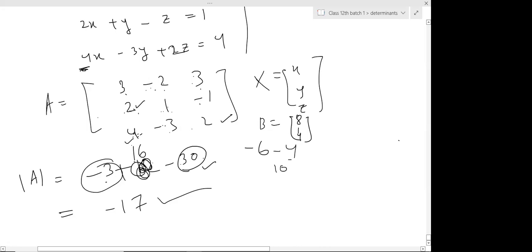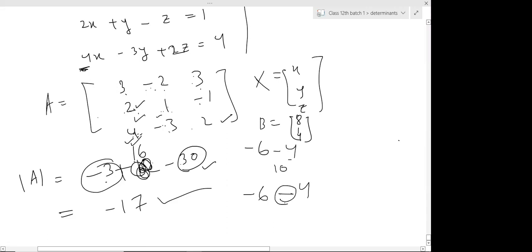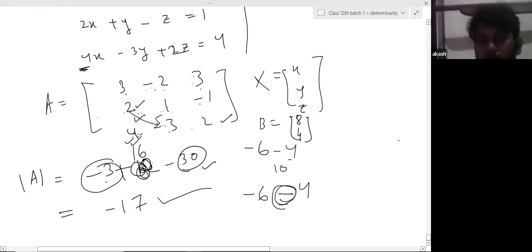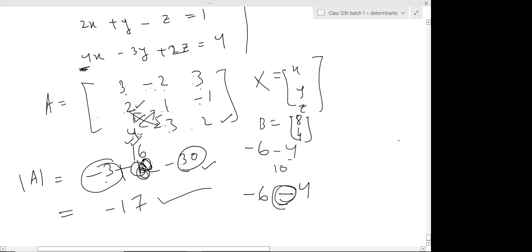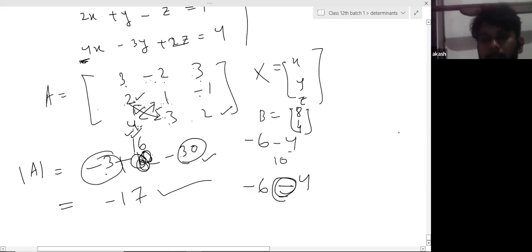No, see, this is 2 times minus 3, 6, minus 6, minus 4 into 1, 4, right? You are getting 2 negatives, but you only have to take negative ones. Oh, yes, sir, this minus this. All right, so minus 17 full sum. Is this clear?